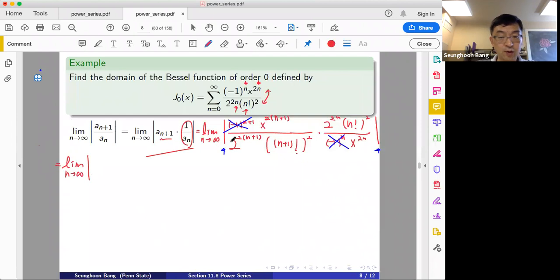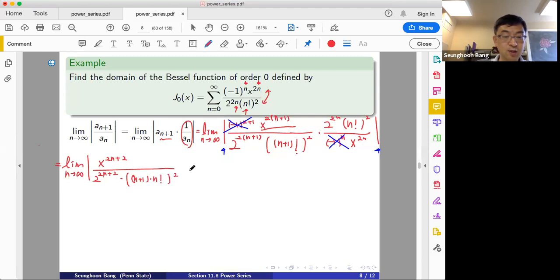The x to the 2n plus 2 over the bottom: distribute the 2, so 2 to the 2n plus 2, times (n plus 1) factorial, which is (n plus 1) times n factorial, squared.